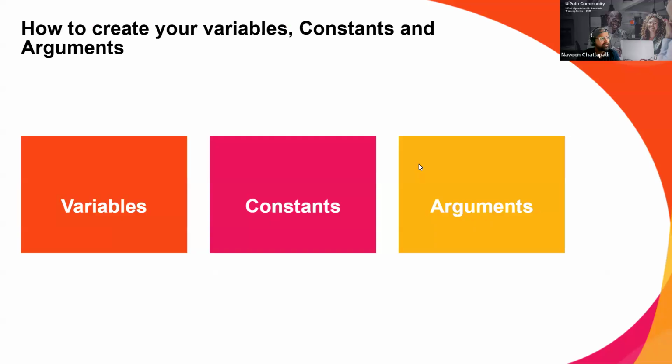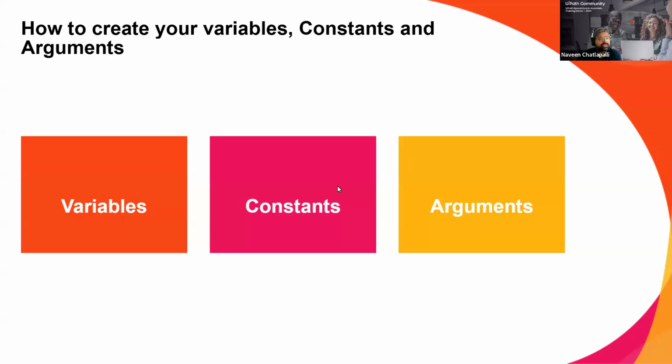All right. Now jumping into the main basics of what you need to understand while you are developing an RPA automation. These are the three things that you need to understand mainly: variables, constants, and arguments. Variables are nothing but a data type, like in what type you are trying to store your data.